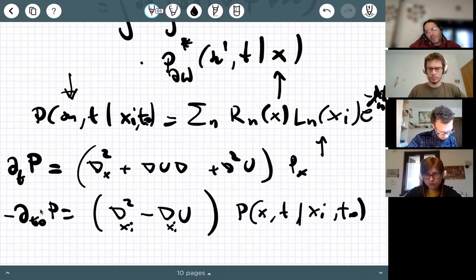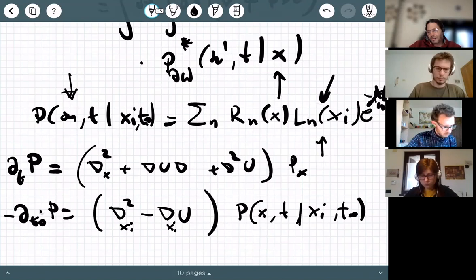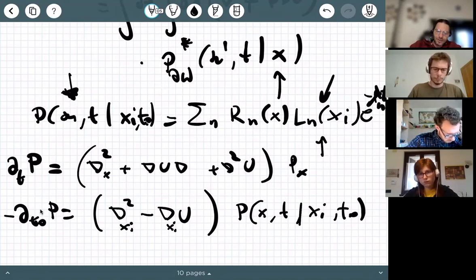So this is a typical property of Fokker-Planck equations that simply comes from the fact that your spectral decomposition is such that you have right eigenstates here and left eigenstates here.